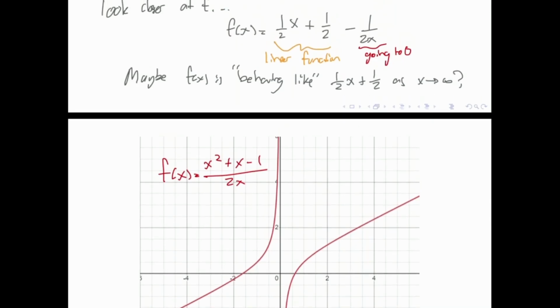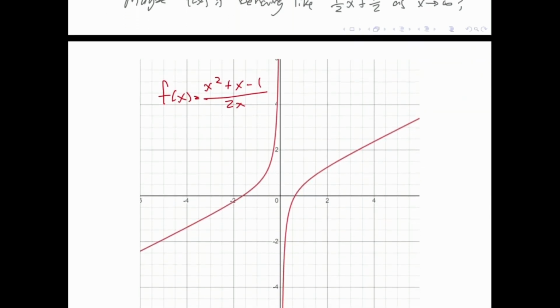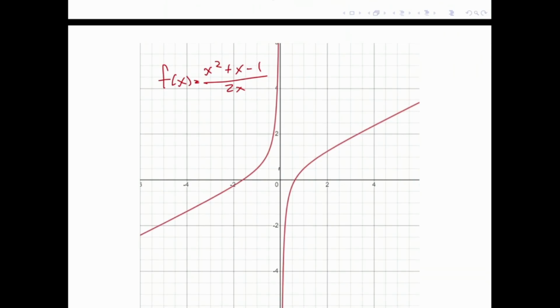We said it was a half x plus a half. Okay, so the y-intercept is at a half, and we're going up by halves here. And over here, same situation. So my line's not the best, but this line is y equals a half x plus a half.